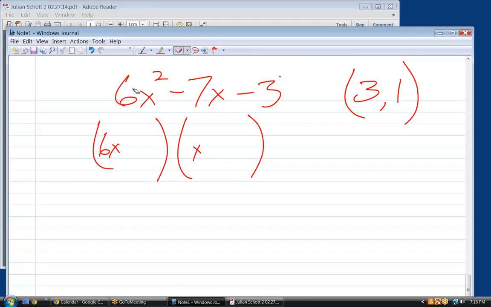In this case, 3 and 2 are closer together than 6 and 1. Okay. But had we not been able to get this to work using 3 and 2, my next step would be to go back and change it to 6 and 1 and then try it with all 4 combinations.